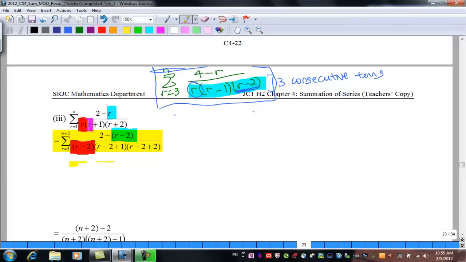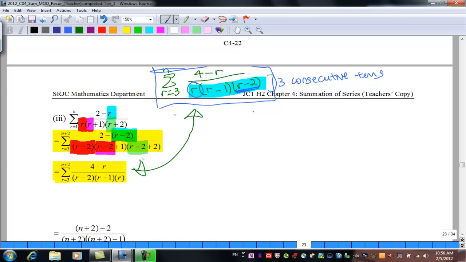This r is replaced with r minus 2. And finally, this r is also replaced with r minus 2. And if I were to simplify this, I find that, hey, isn't this exactly what I want? Isn't these two exactly the same expression?